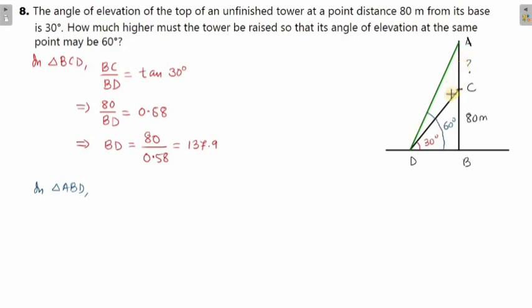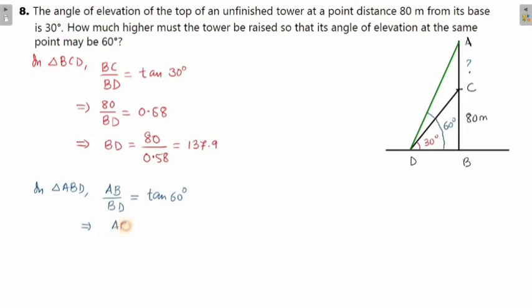You know BD, so again we'll use tan. AB, the perpendicular, by base BD is tan theta, and in this bigger triangle theta is 60 degrees.